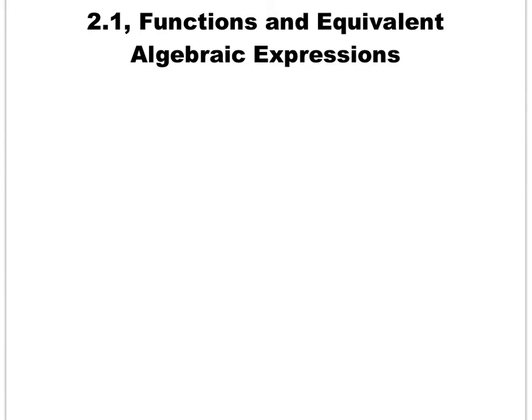Now, what you have to be careful about is when you are dealing with rational functions, for instance, if I give you something like (x² - 1)/(x + 1) to simplify and find the equivalent expression, you have to be careful because it's not as simple as just expanding and simplifying.